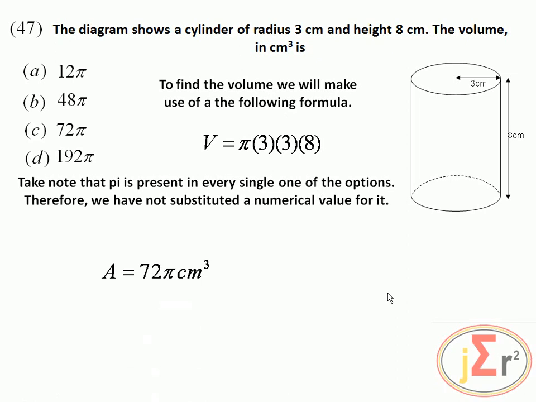So there we have it. A is equal to 72 pi centimeters cubed. Of course, we do not need to have the centimeters cubed right here, because we have the statement "the volume in centimeters cubed is", so we are sure that the volume is already in centimeters cubed.